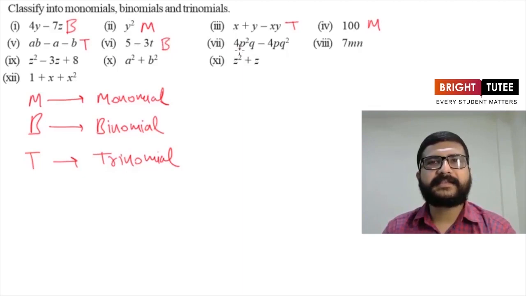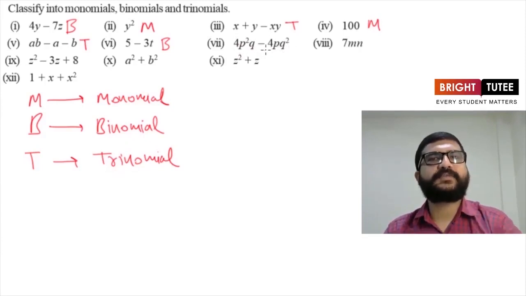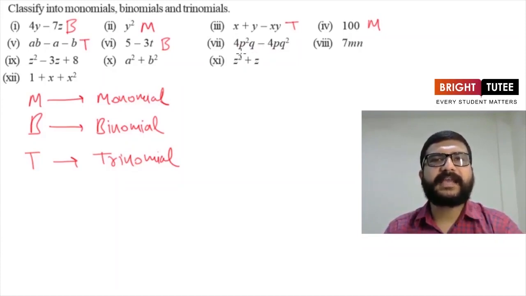And then the next expression is 4p square q minus 4pq square. So again there are two terms. The first one is 4p square q and then it is minus 4pq square. These two terms are unlike terms. As we can see, variables are same here.